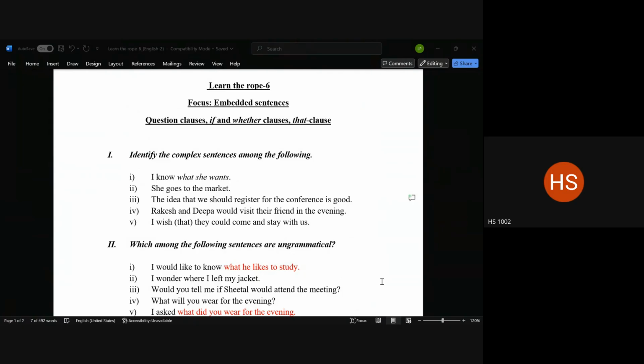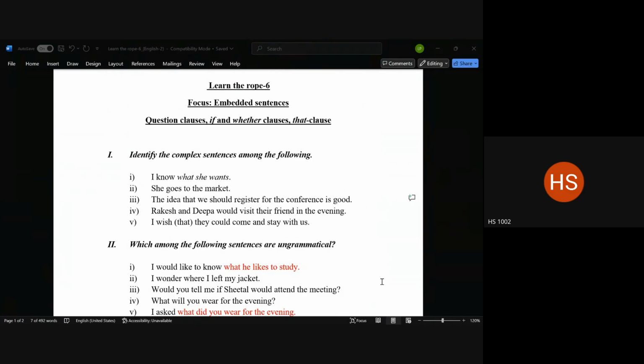Let me add to it: the idea that we should register for the conference, which was proposed by the professor, is good.